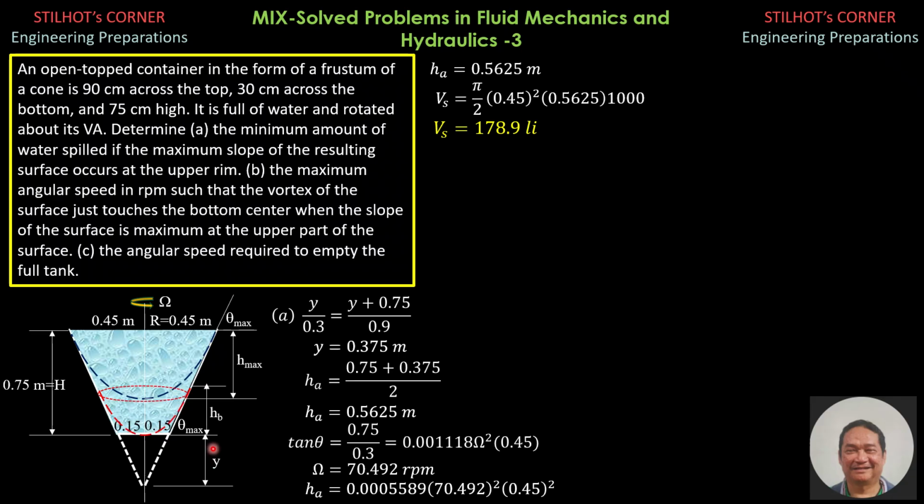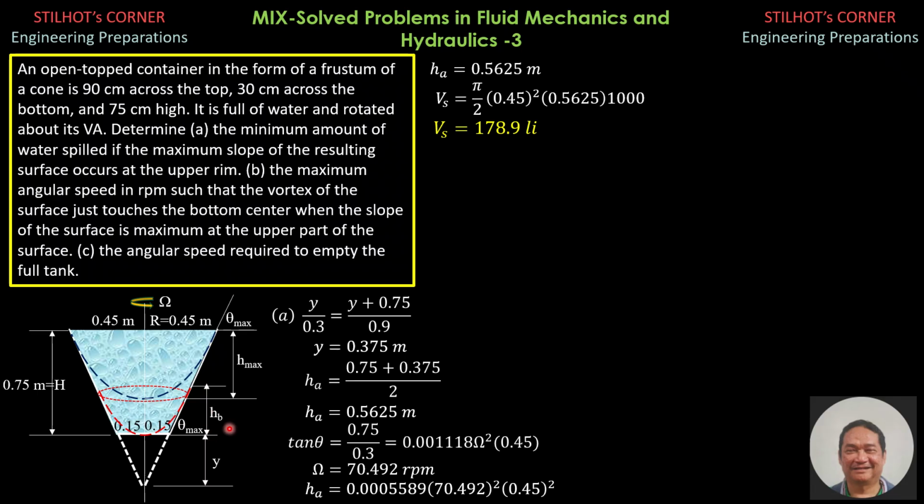And since by principle the height of that parabolic surface is half of the overall height of the cone, that means because we already calculated this height, which is y, 0.375, the height of the paraboloid of revolution in part B therefore is also equal to 0.375 by principle already explained and proven.